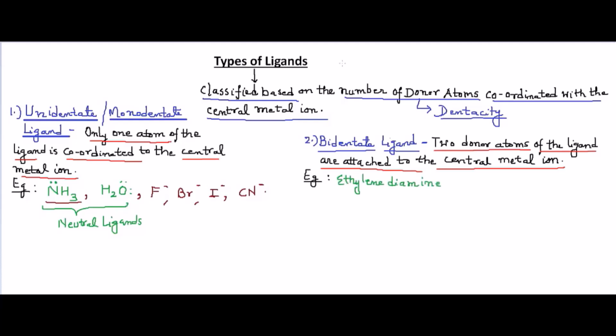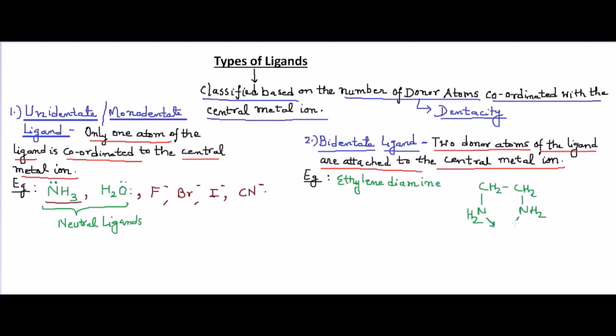Looking at the structure of ethylene diamine, we can understand how it is a bidentate ligand. CH2 CH2, NH2 NH2. CH2 CH2 is the ethylene, and diamine means two amino groups, NH2, attached at the two ends.